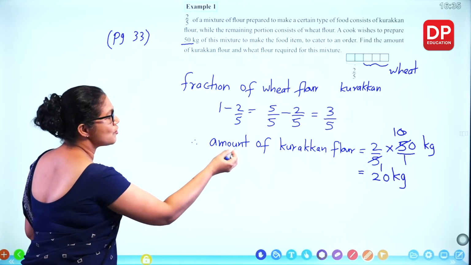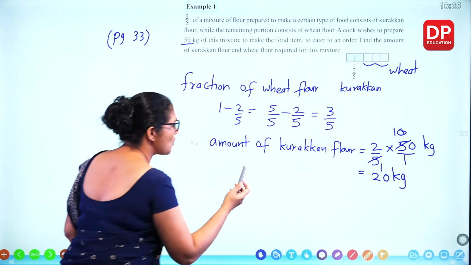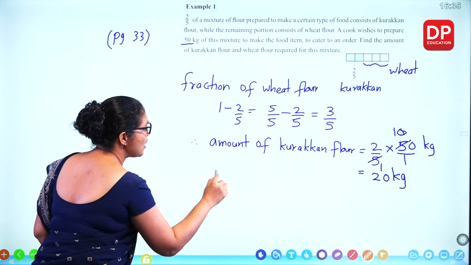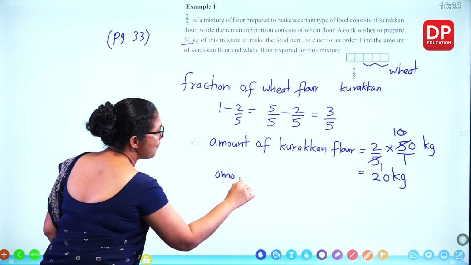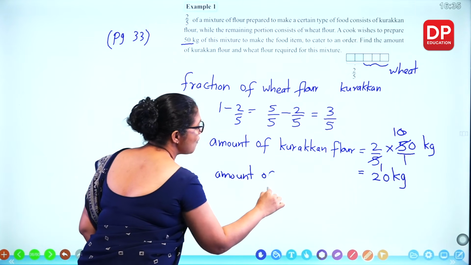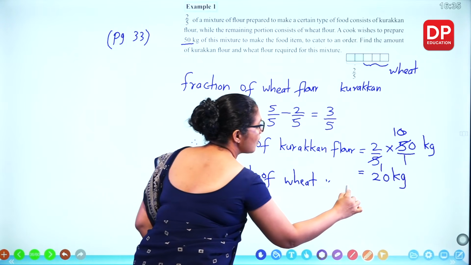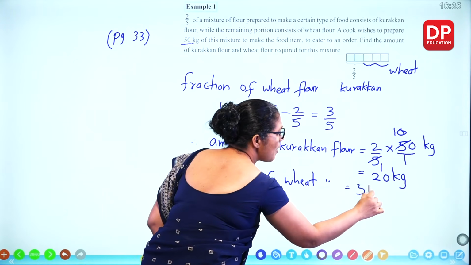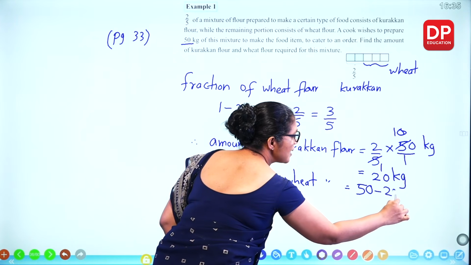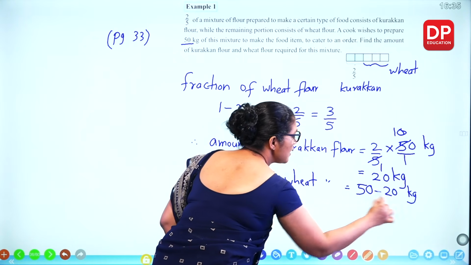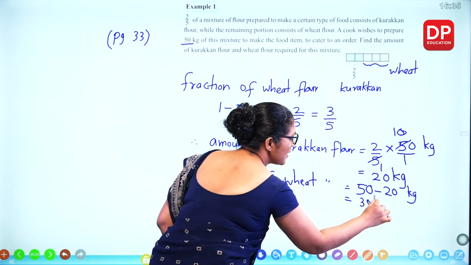If you are doing it straight away, you can find the amount of wheat flour using the total amount: 50 minus 20. So the answer is 30 kilograms.